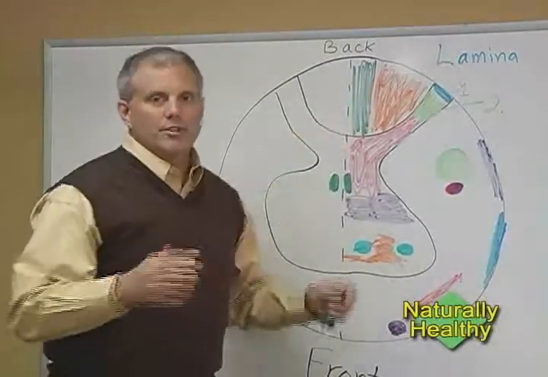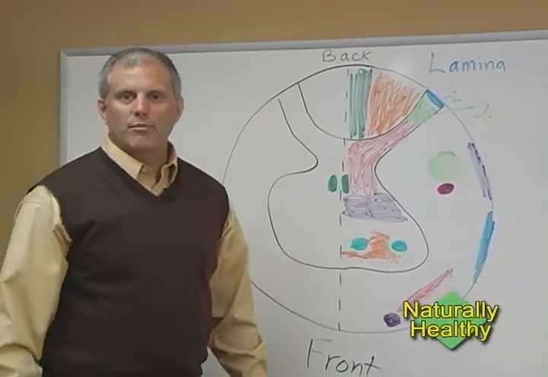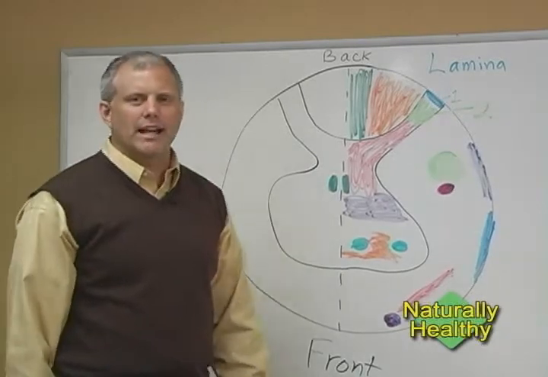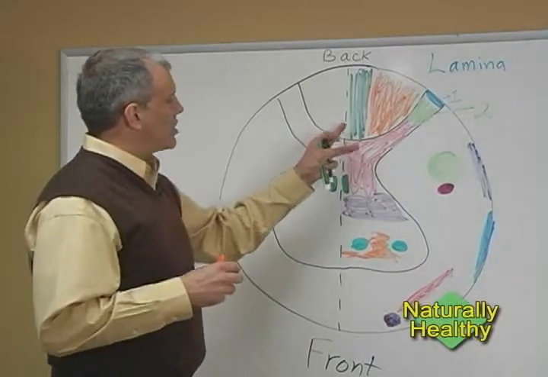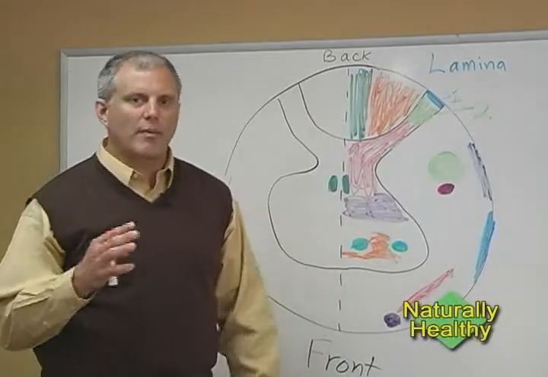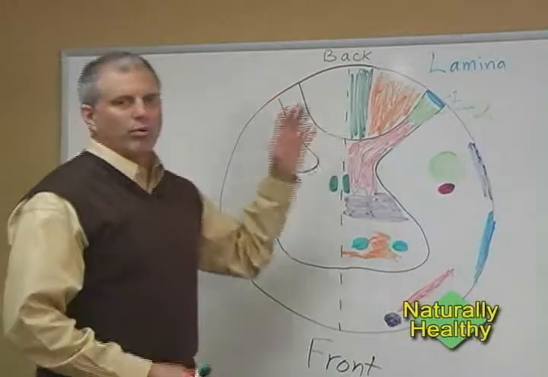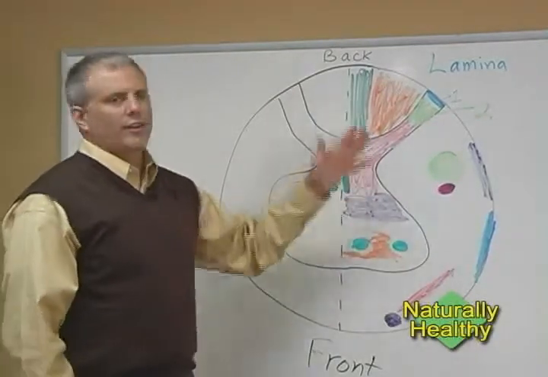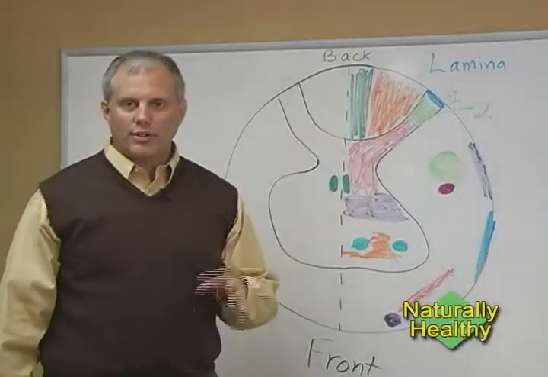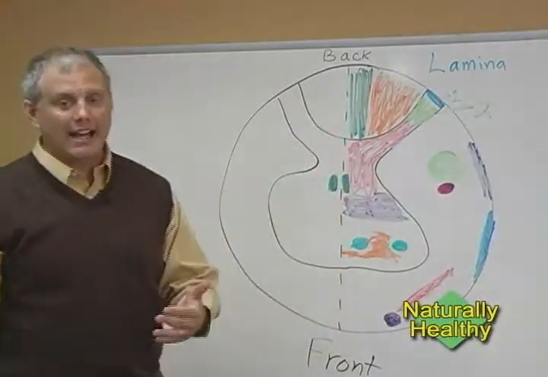The one in the middle transmits joint position sense and vibration, knowing that if I close my eyes, I just move my knee that way, and vibration from our lower extremity, and the cuneatus is from our upper extremity. Very, very important. All of this is important, but these are very, very important tracts because we want to keep those tracts, as well as all of them, but those tracts more active.